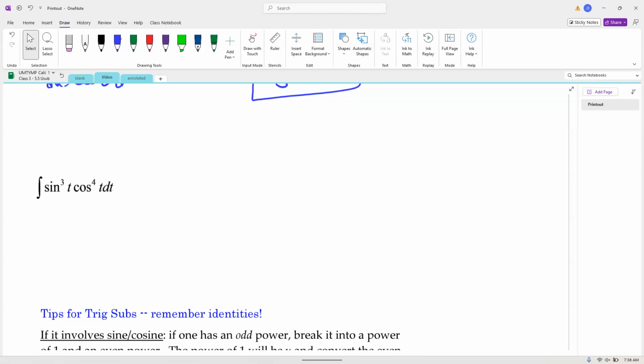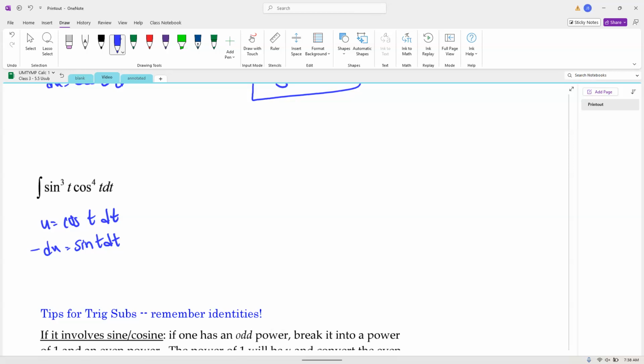Okay, I'm going to pick cosine as my u. You might be tempted to do otherwise, but I'll show you why. I'm going to do u is equal to cosine of t, and then negative du would equal sine of t dt.